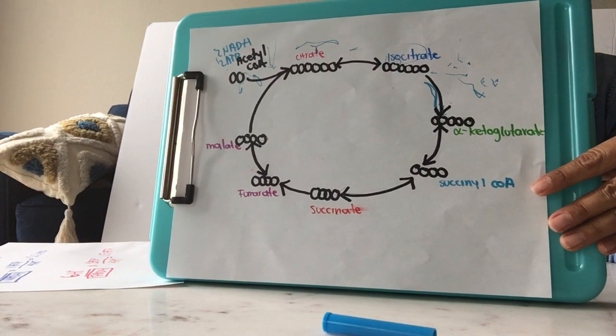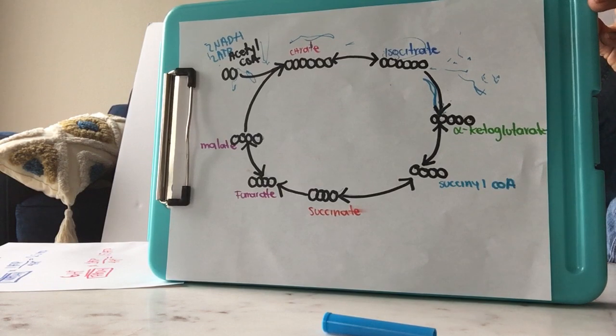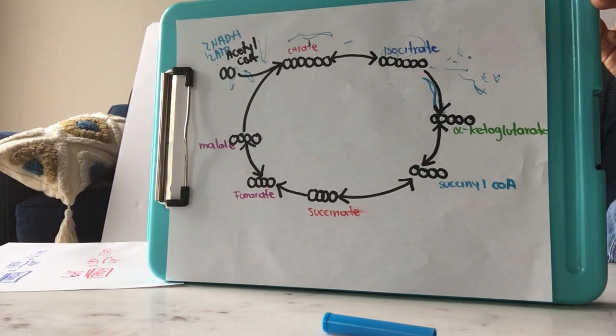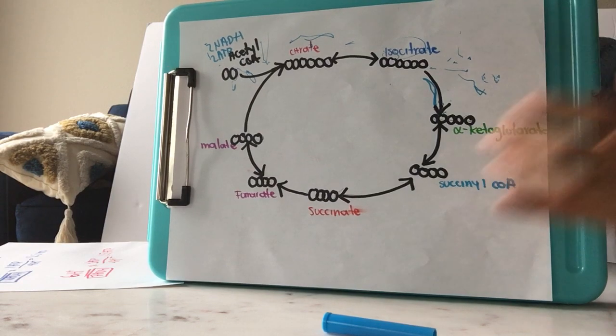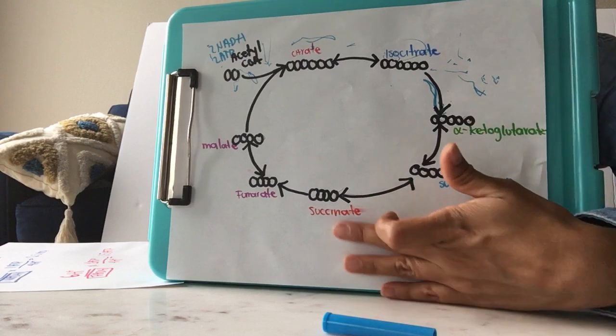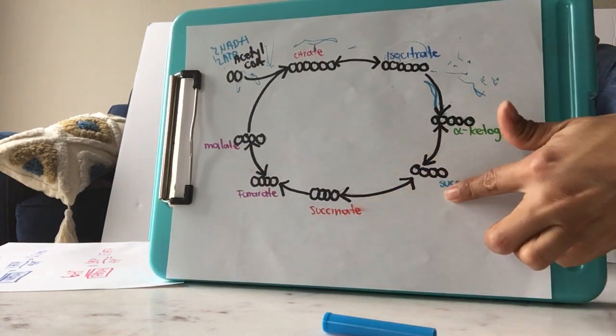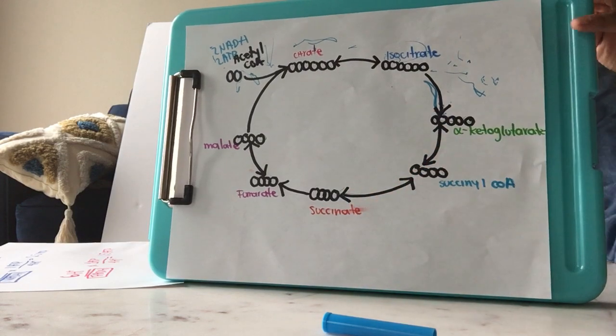The enzyme in charge of this is called the succinyl-CoA synthetase, which stimulates the conversion of succinyl-CoA into succinate. So it goes from here to here. So this is a reversible step.